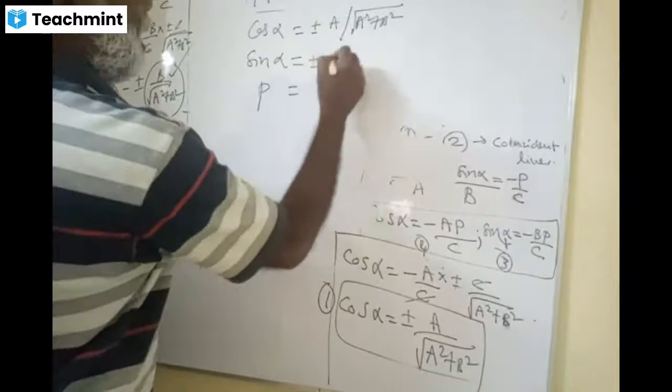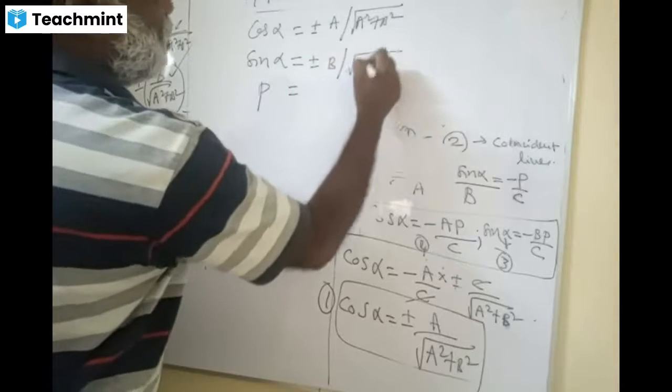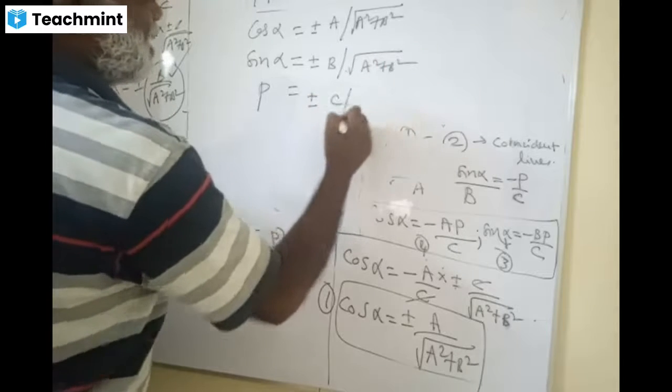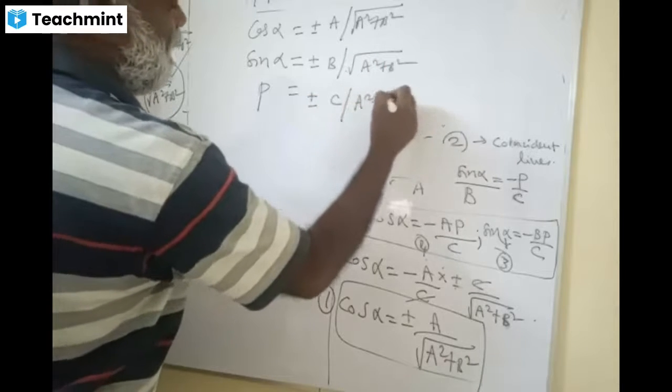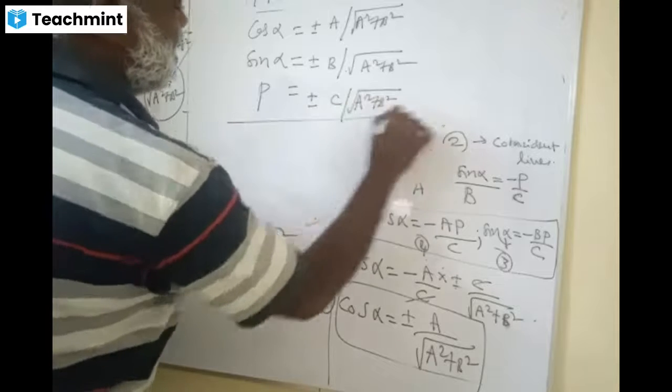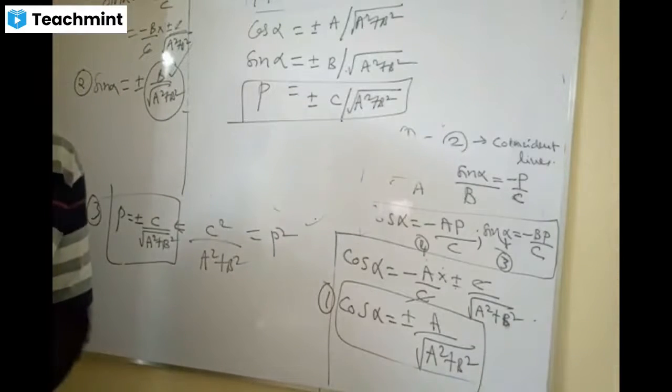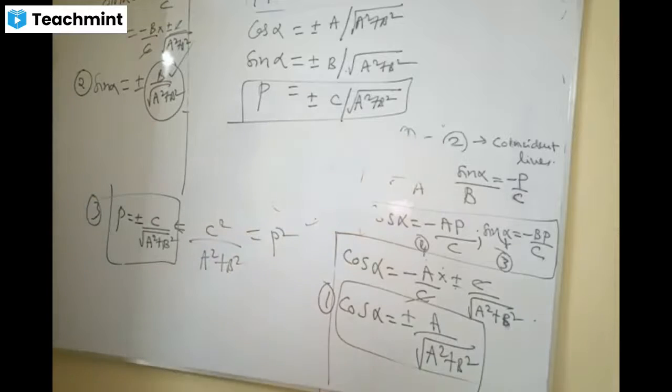Plus or minus B by root of A square plus B square. Plus or minus C by root of A square plus B square. See this here. This is the easiest one to remember. Remember this.